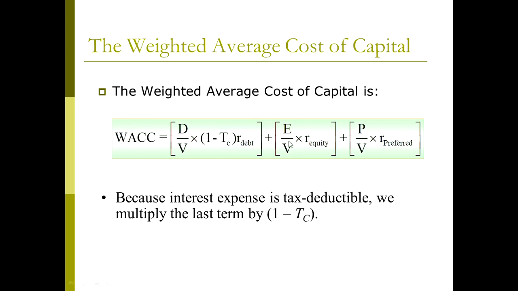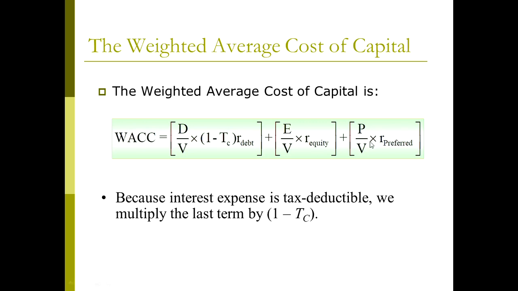The proportion of the equity, so E over the total value of the firm, times the cost of equity. Whenever we say equity or stock, we refer to common stocks. So R_E, the cost of equity, the cost of common stocks, can be calculated by either the dividend discount model or the CAPM, as we showed in the previous slides.